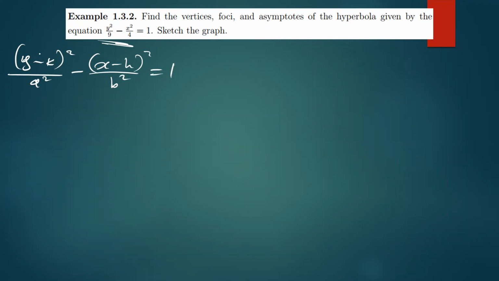Now if you take this into consideration and check the equation that has been given in the question, you find that we don't have the value of k, and we don't have the value of h. This tells us the center is therefore 0, 0, because the values of h and k are both zero. We know that the center is always in the format h, k from this equation.